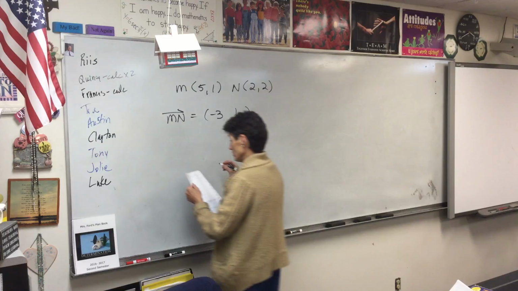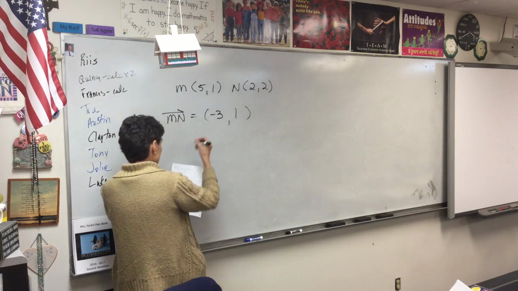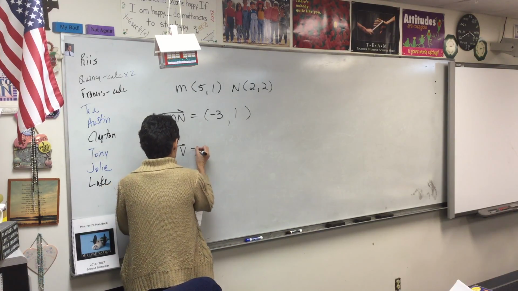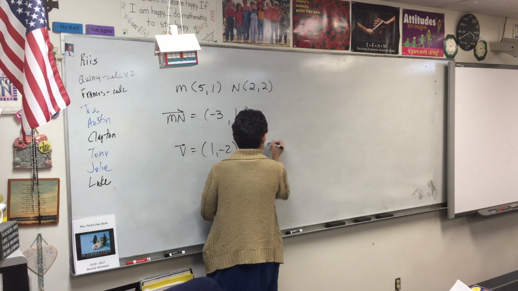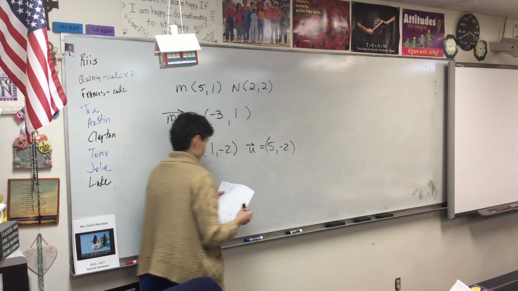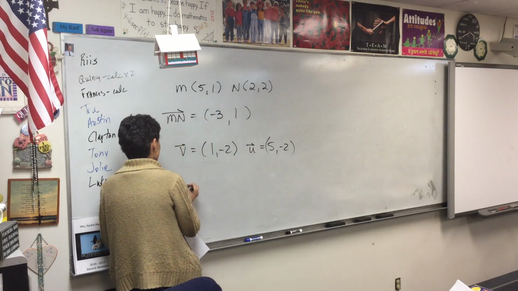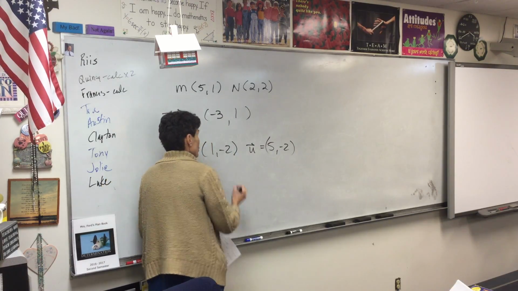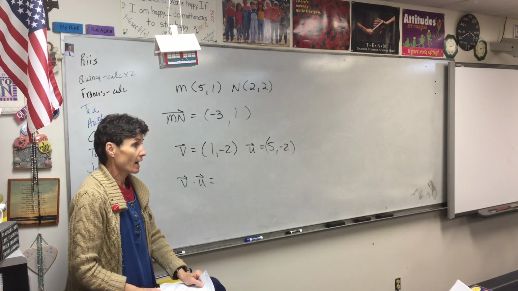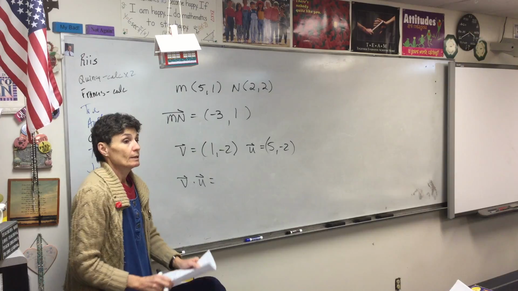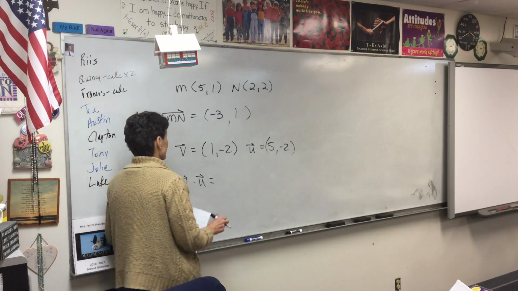All right, so now we're ready for number 2. Number 2 has a whole bunch of questions, but they all involve these 2 vectors. All right, so A says V dot U. Who remembers how to do the dot product? X times X, very good, Marissa.